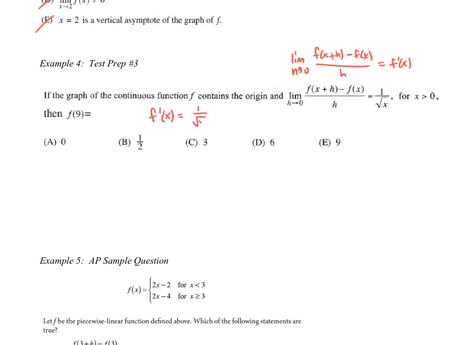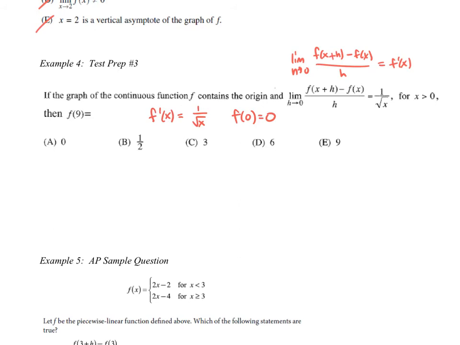It is 1 over square root x. Now we're also given information about f, which it says f contains the origin. So that means that f of 0 is equal to 0. So we have the derivative, we have 1 point on f, and we're trying to find f of 9, which is another point on f.